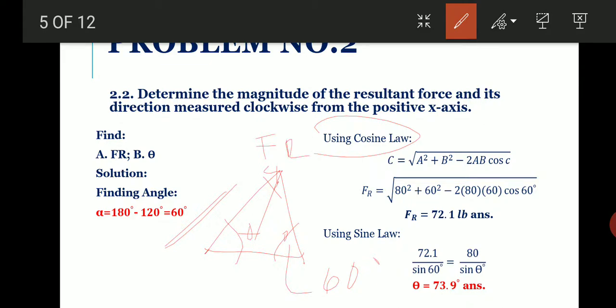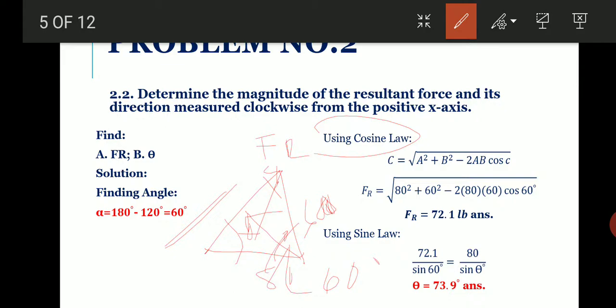We have here the given 80 pounds and 60 pounds. This is FR, and the opposite angle here is 60 degrees.